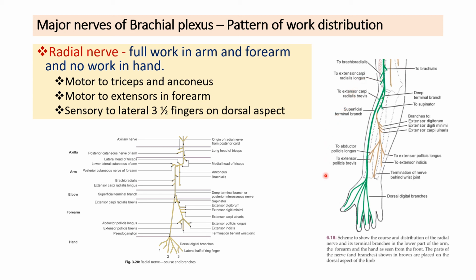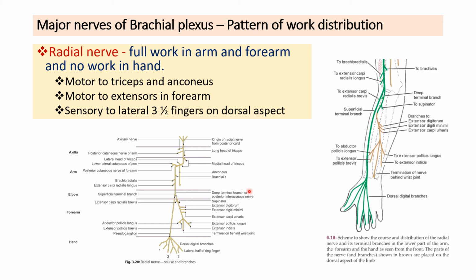Then it will give branches to all the extensor muscles in the forearm. So you should have an idea about the course of it and what are all the muscles in the extensor compartment of the forearm. So the muscles that are distributed by the radial nerve.